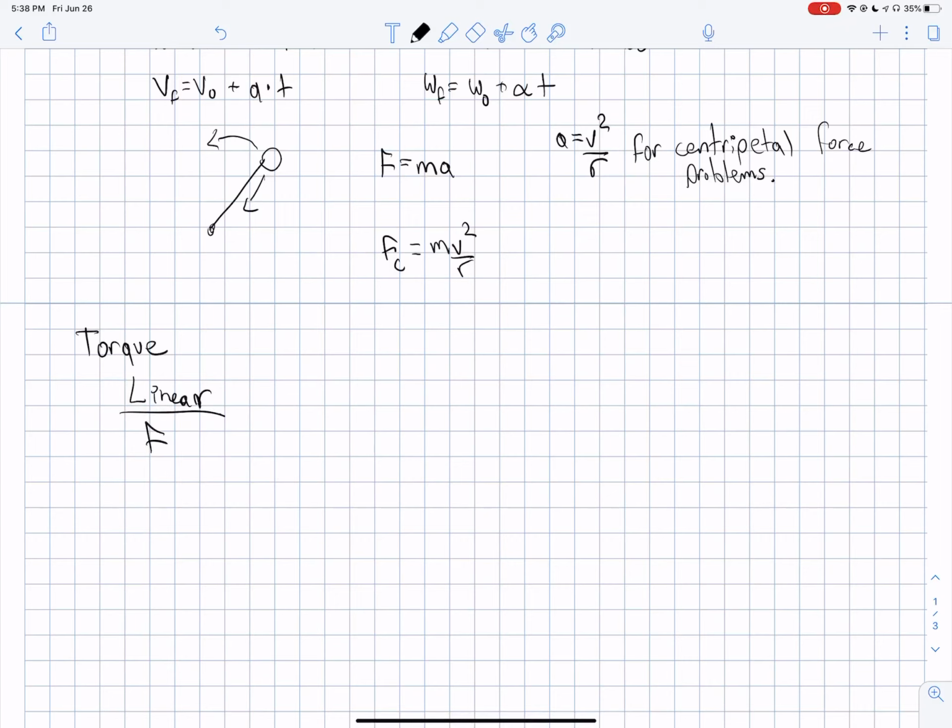We had force, and we also had mass. But for angular problems, we're going to have torque. And torque is denoted by the Greek letter tau. It's like a small t with a few squiggles. So this is torque. And lastly, instead of mass, we're going to have I, where I is the moment of inertia.